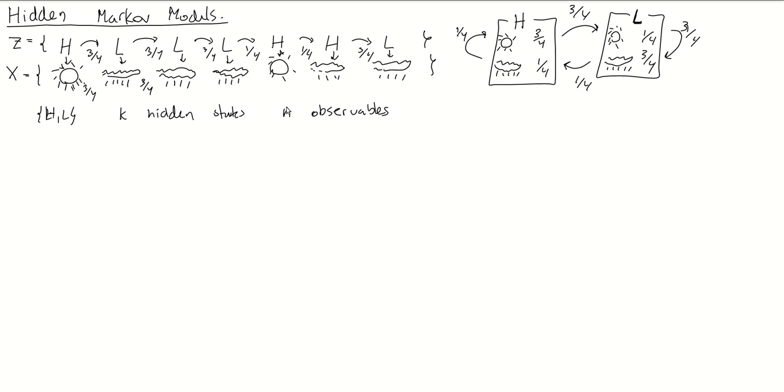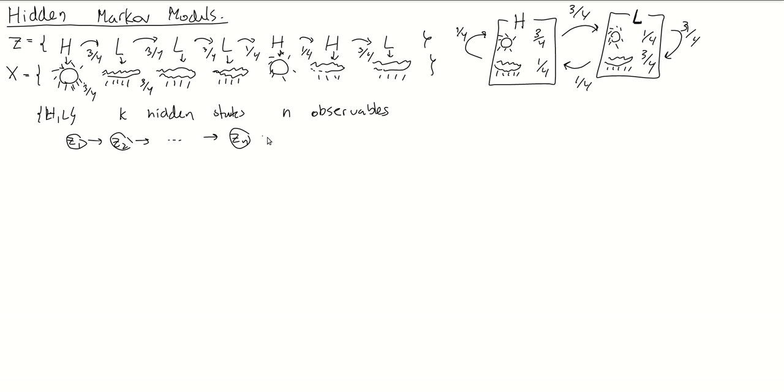So then we could write the hidden Markov model in a more general sense, like z1, z2. This is the first hidden state, which transitions to the second hidden state, and this just keeps on going until we reach the nth hidden state. Each of these will take a value. This could be high pressure, low pressure, but now we've generalized it so it could take one of k values instead of one of two values.